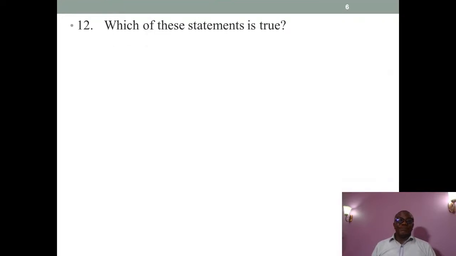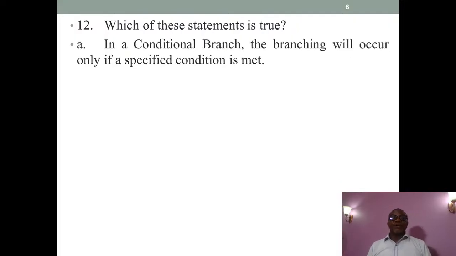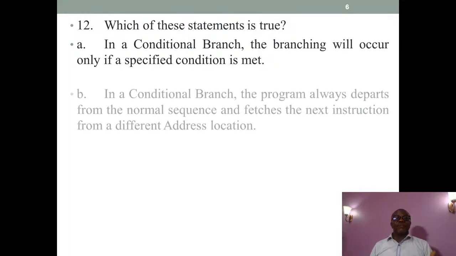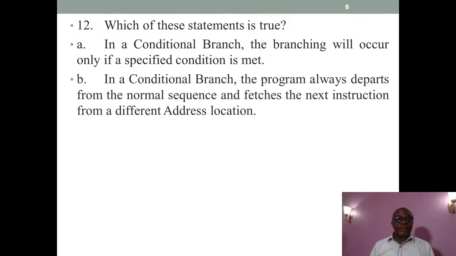So it says which of these is true? A, in a conditional branch, the branching will occur only if a specified condition is met. In a conditional branch, when you're writing your program or when your computer is executing a function, the branching will occur only if a specified condition is met.